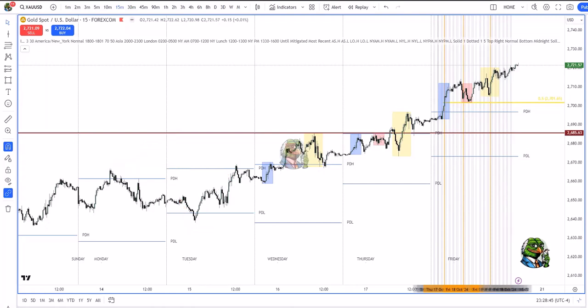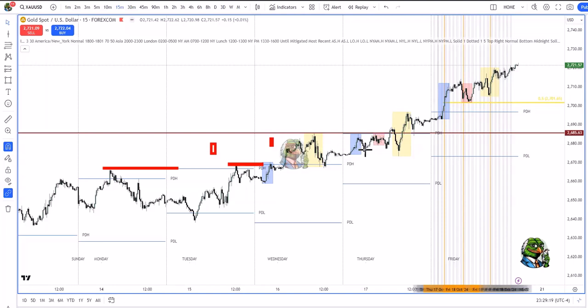Now, what I want you to focus on is how many times breakout traders have entered the market. When I say breakout traders enter the market, I mean when a previous daily high has been triggered. So here on this day, breakout traders have entered the market because the previous daily high has been triggered. Wednesday, breakout traders have entered the market because a previous daily high has been triggered. So that's 2 days.